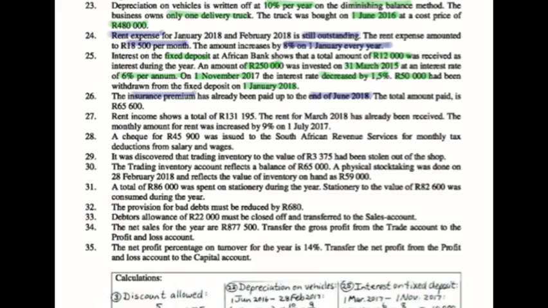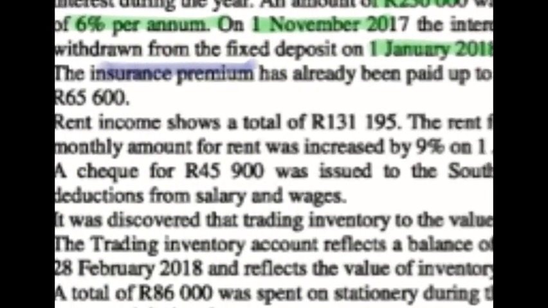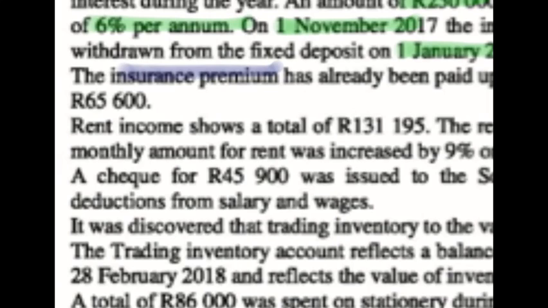Number 26. The insurance premium has already been paid up until the end of June. That's 4 months extra. So the total amount is 65,600. So if we calculate that, 65,600 in other words is for this year as well as 4 months extra. So if we take that amount and we times it by 4/16, we're going to get the 4 extra months to be 16,400.